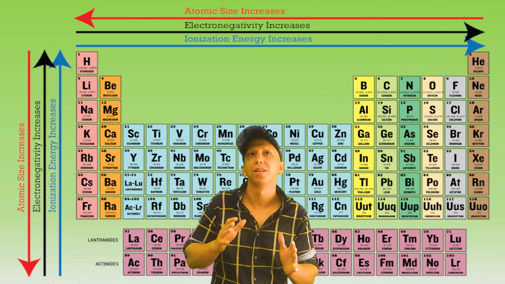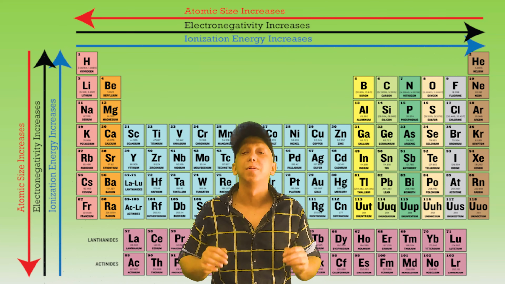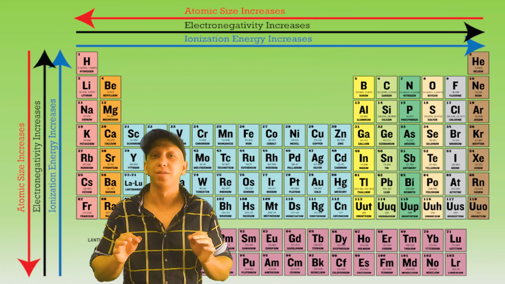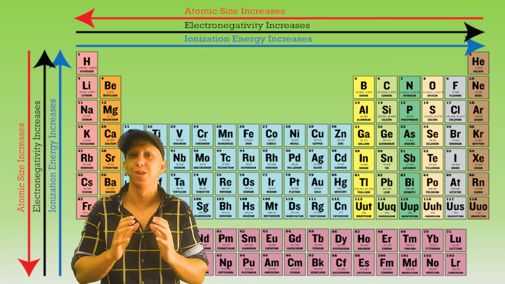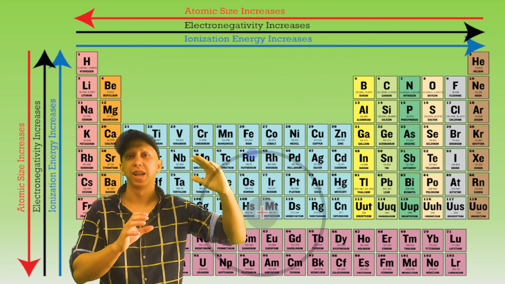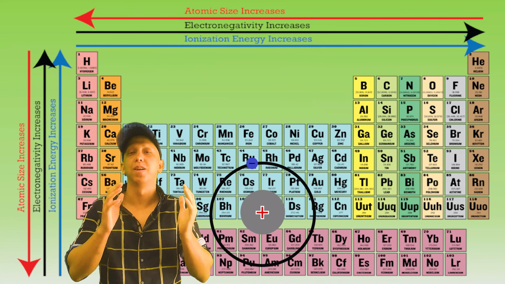With the same shell, the only change is the atomic number. When the atomic number is bigger, the number of protons will become bigger, and the nucleus will become more powerful, so it can drag the last shell toward itself more, and then the atomic radius will become smaller.